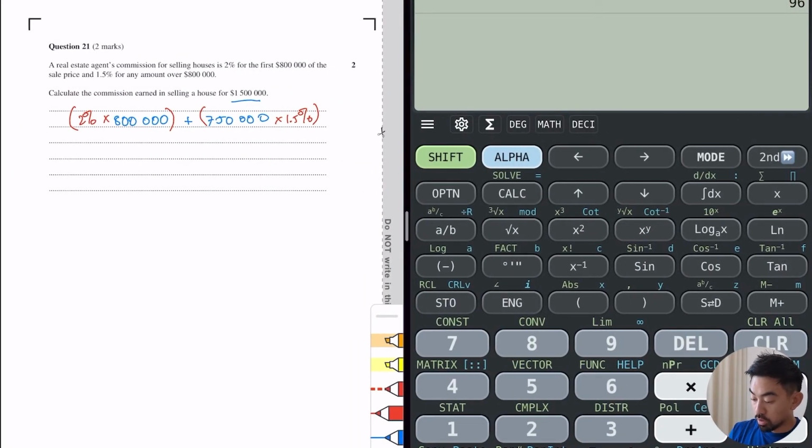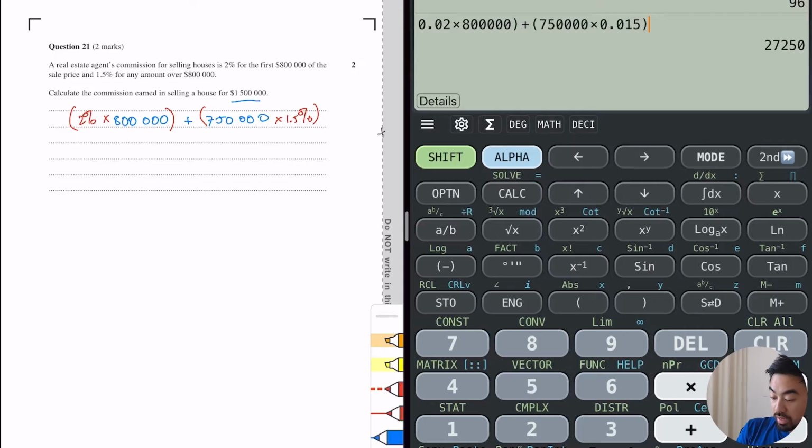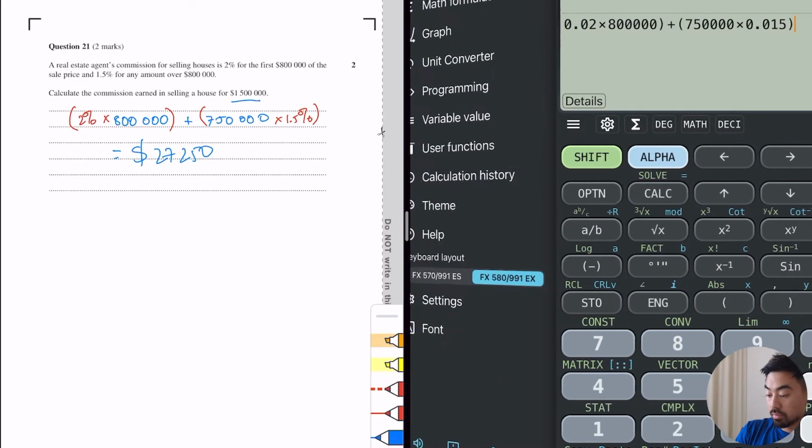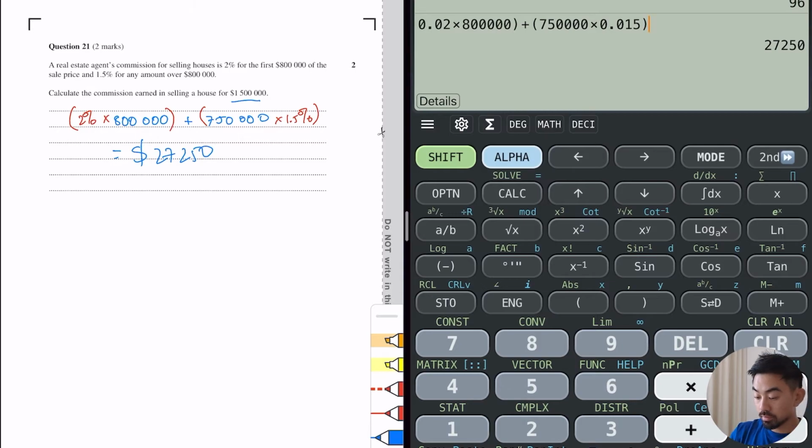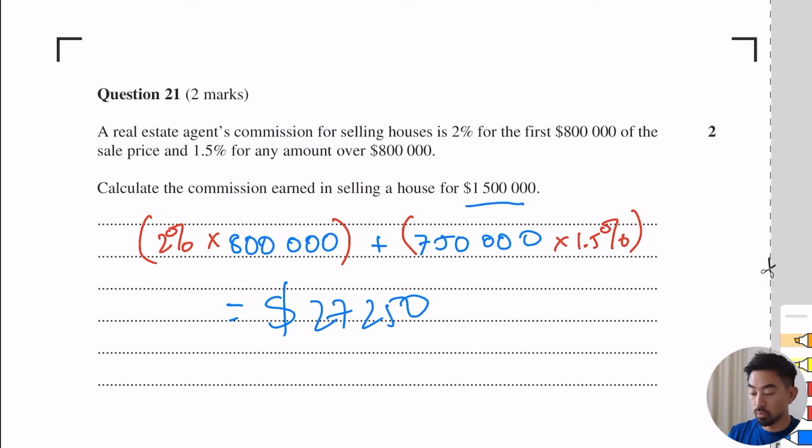So we've got 0.02 times 800,000 plus 750,000 times 0.015. So my final answer here is 27250. Okay, cool.